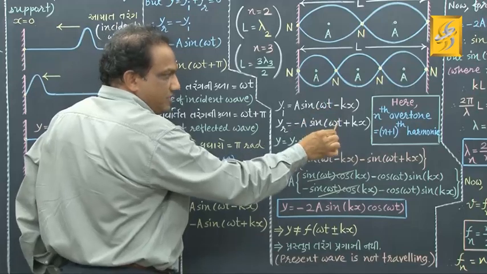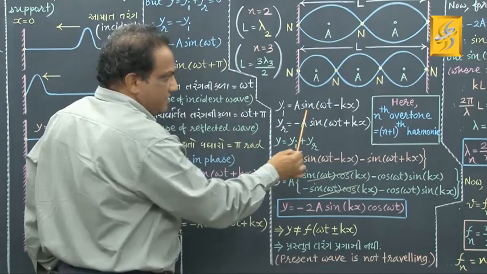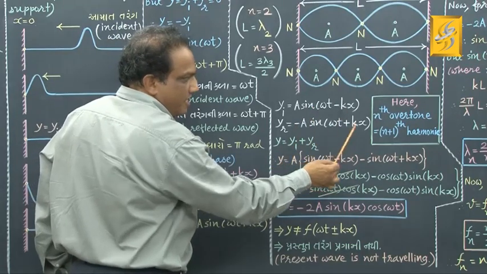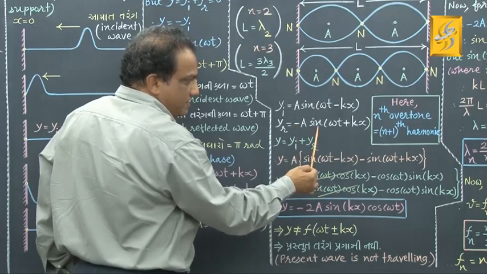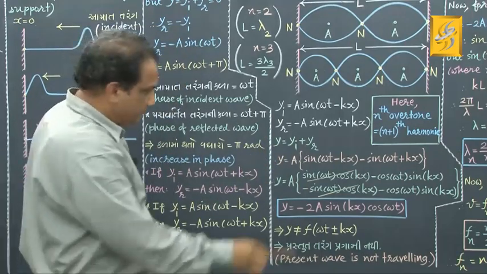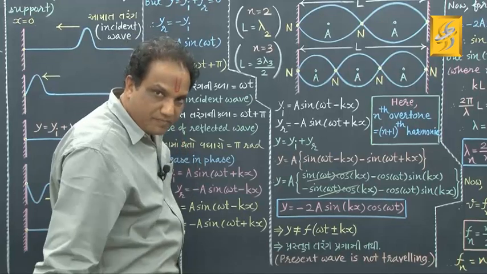But when you take this plus this, a and a you can take common inside the bracket: sin(omega t minus kx) minus sin(omega t plus kx). Fine. Now just simplify. A as it is. Don't you know the formula of sin alpha minus sin beta?